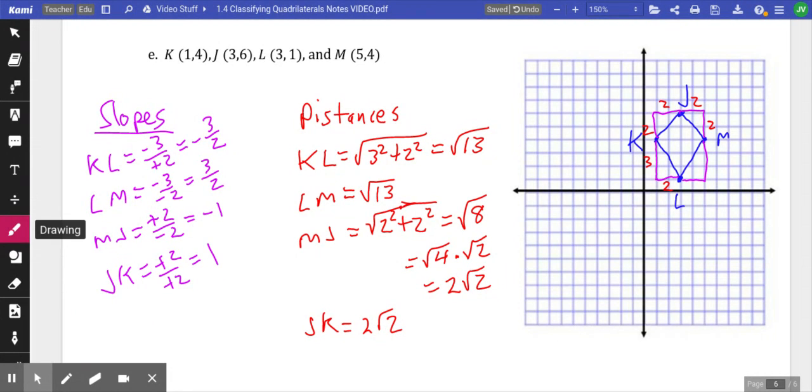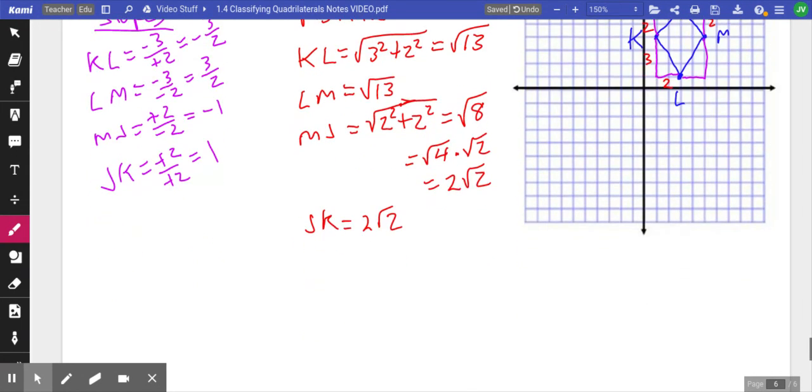Now we know that adjacent sides, that means sides that share the same point or the same vertex, those adjacent sides in this shape are congruent, or they have the same measure.